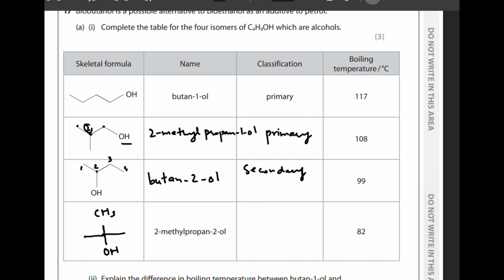First carbon, second carbon, third carbon. On the second carbon, a methyl as well as an OH group is attached. And you know, the OH group is attached on a tertiary carbon, so you will classify the alcohol as a tertiary alcohol.